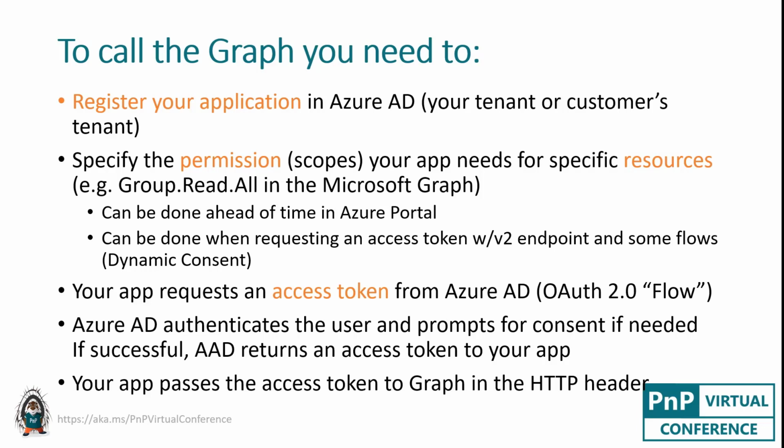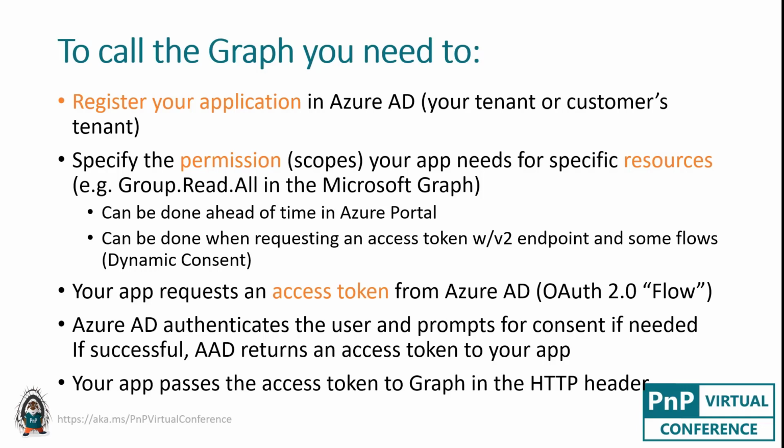Your app then can request an access token from Azure AD. This uses a flow, which is a protocol, not an automation product. An OAuth 2.0 flow is a protocol that gets the access token from Azure AD. And then Azure AD actually interacts directly with the user to authenticate them and prompt them for consent if needed. This allows Azure AD to do things like conditional access policies, multi-factor authentication, or to make the authentication seamless if it's appropriate.